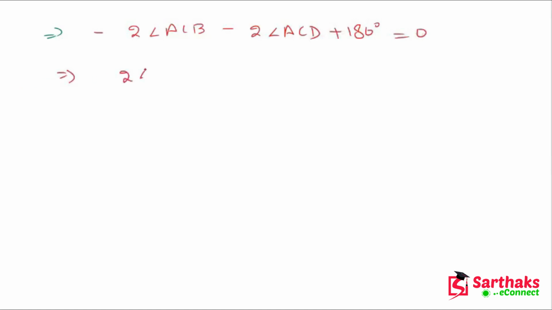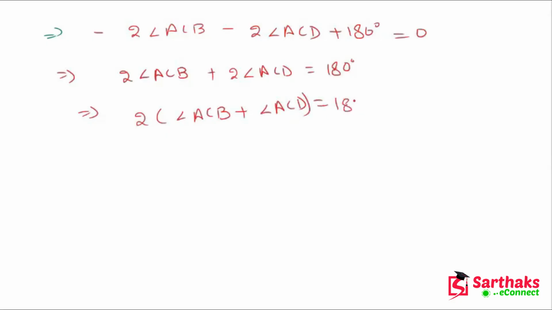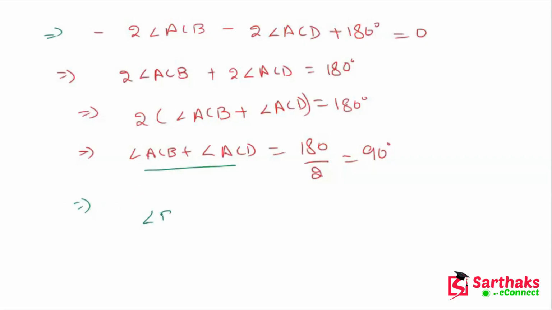So twice angle ACB plus twice angle ACD equals 180 degrees. Taking 2 as common, angle ACB plus angle ACD equals 180 divided by 2, which is 90 degrees. Adding these angles, we get angle BCD, which equals 90 degrees.